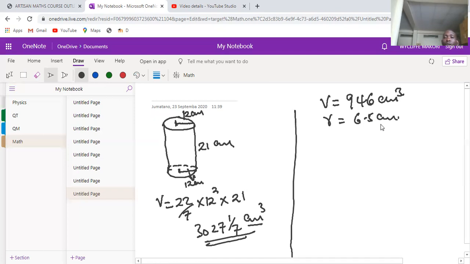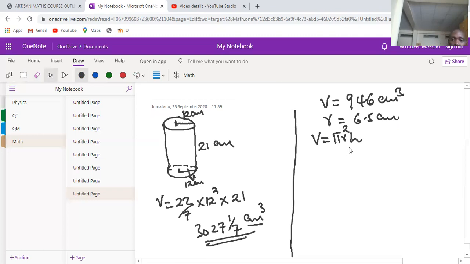Then you are told, can you calculate the height? You say, first of all, volume is equal to pi r squared h. Then you do the necessary.